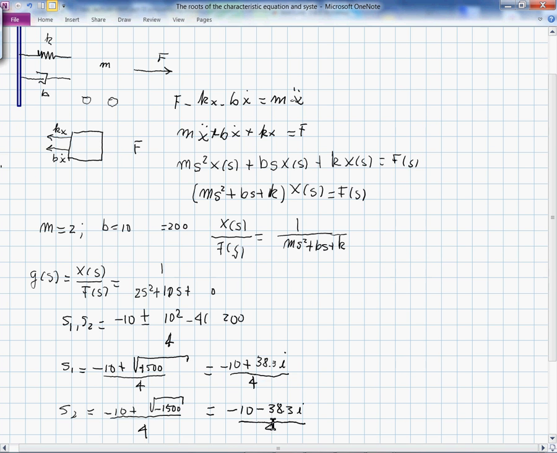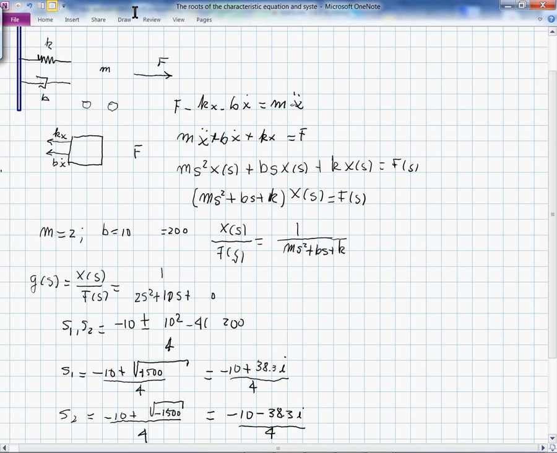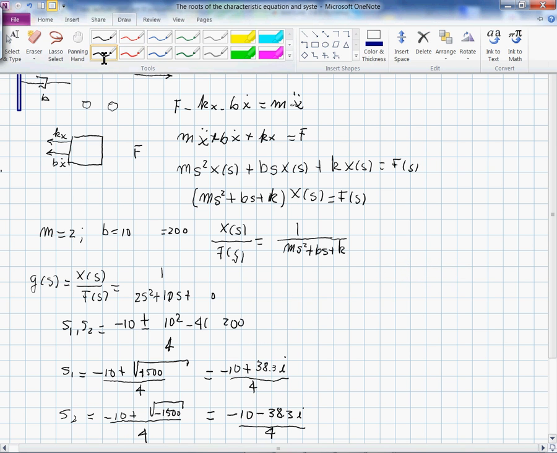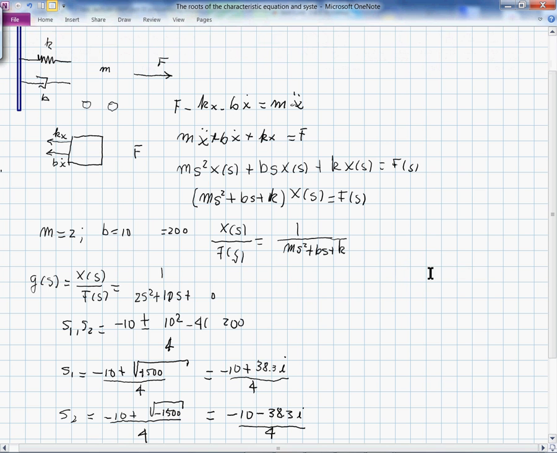I want to reach one important conclusion here. With the values of this function here, I can actually make a plot in the complex plane where this is the real axis and this is the imaginary axis.